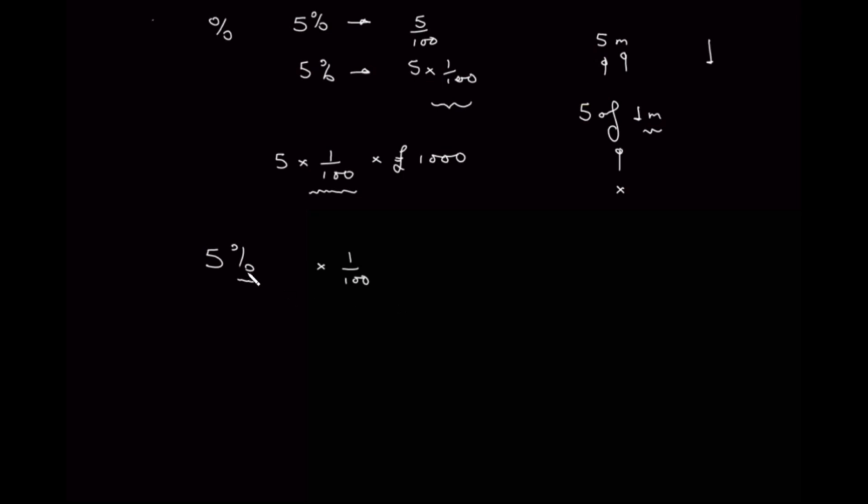So whenever you see that, think of that. So we had 5% of £1,000, 5 times 1 over 100 times £1,000. Really need to make sure you fully understand that.